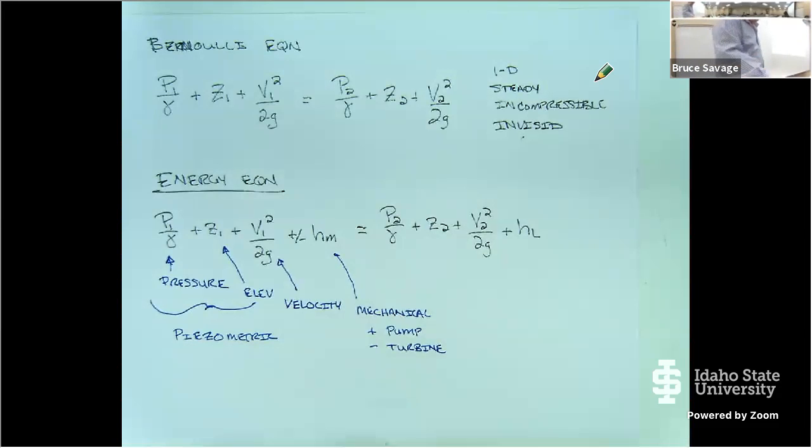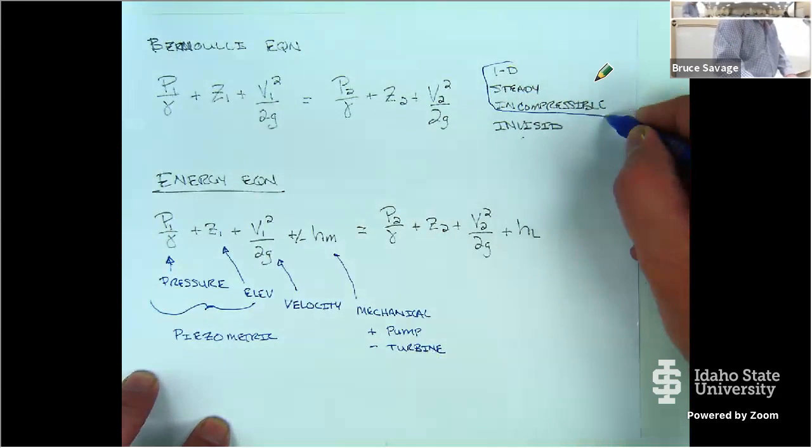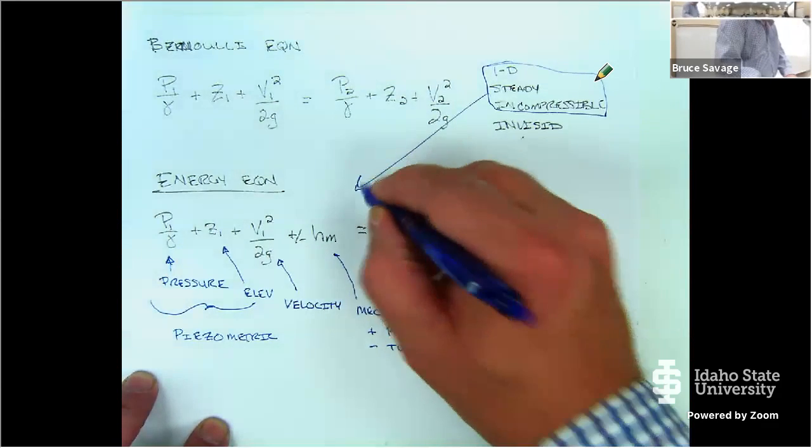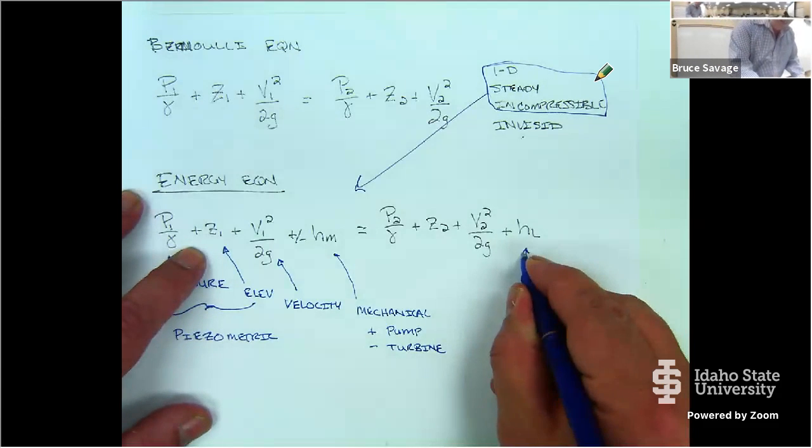So now we've defined point 1 and 2 represent 2 points in our one-dimensional system. So the energy equation has the same thing up here, except we get rid of that inviscid, which means now we can have viscosity in our fluid. Okay? We've got one last term on the energy equation that we need to describe, and that is H sub L, head loss.